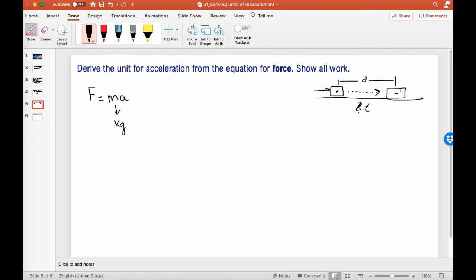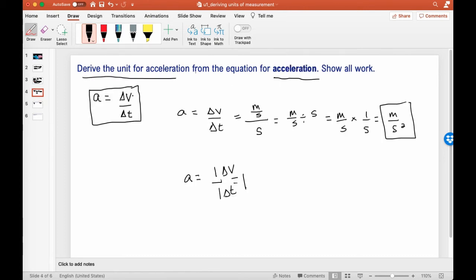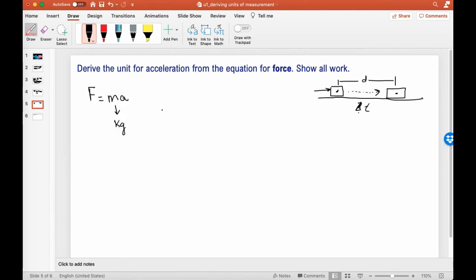We've already talked about in a previous screen that when something is changing its speed over time, that is acceleration. So we already know that the unit for acceleration is meters per second squared. Two variable letters next to each other means you multiply them.